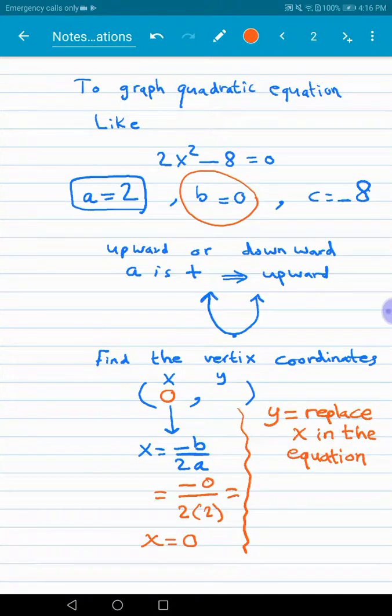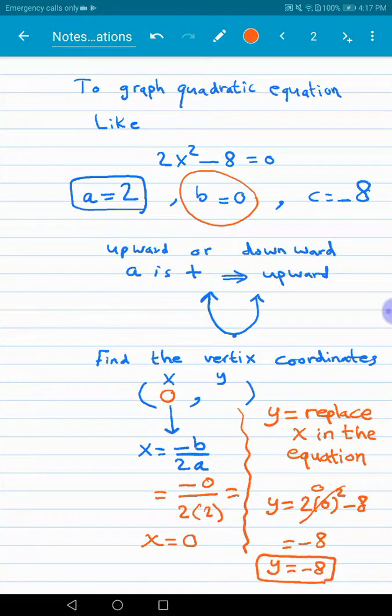So y equals, replacing x with 0 in this equation, 2 times 0 squared minus 8, which equals 2 times 0 is 0, minus 8 is minus 8. So y equals minus 8. So the coordinates of the vertex are 0 and minus 8, the y coordinate.